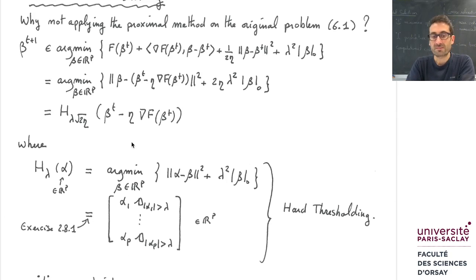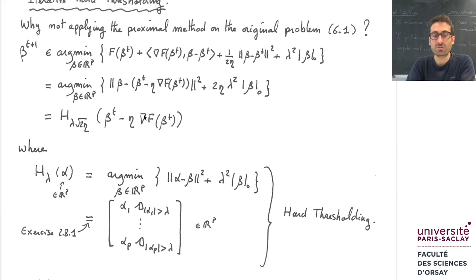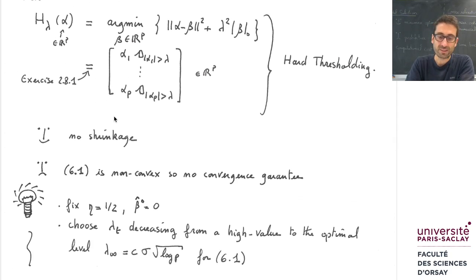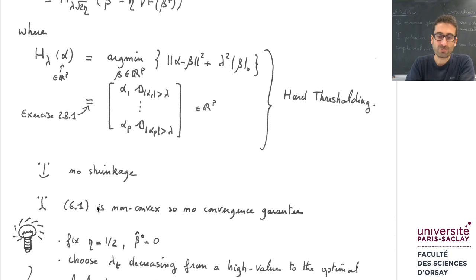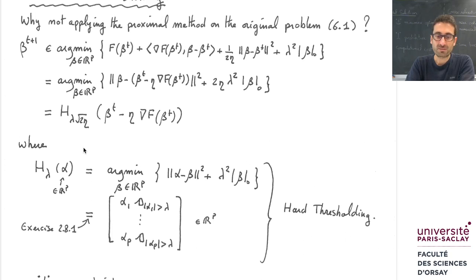So there is an idea in order to use this nice recursion in such a way that we will be able to have some guarantee on the output of the algorithm. And the idea is the following. So first, we will fix the step in the gradient step to 1/2, so that 2 eta will be equal to 1, right?